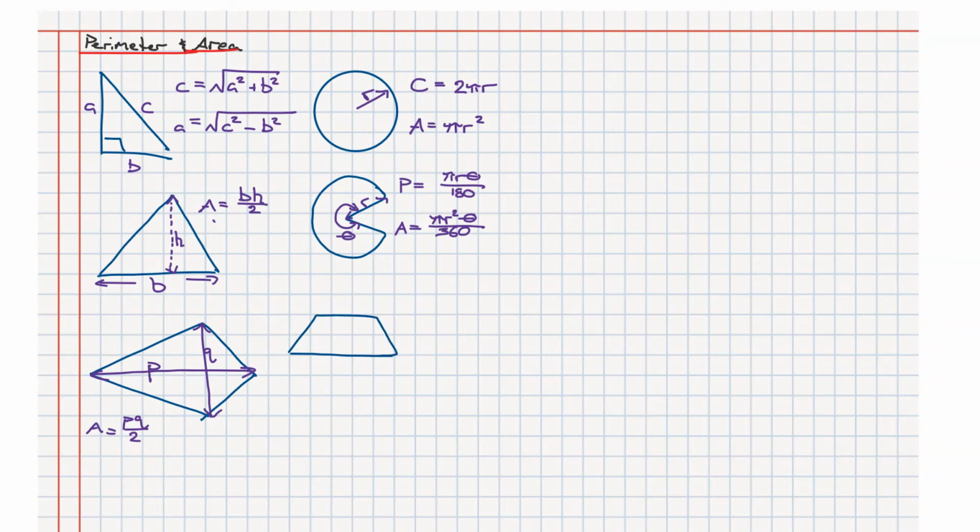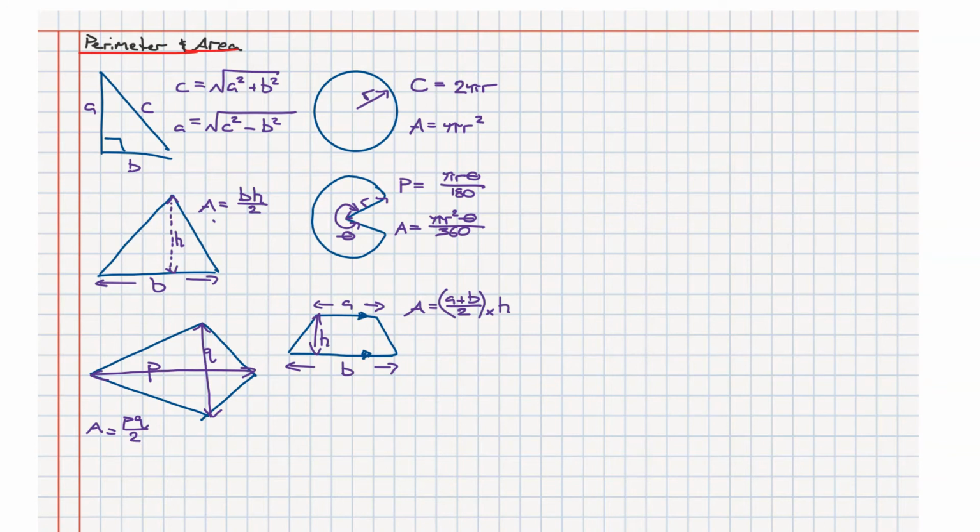And to calculate the trapezoid, we find the height, and then we find the side lengths. We'll call those A and B. And the area of that is simply going to be half A plus B, so the average of the two long sides, multiplied by H.